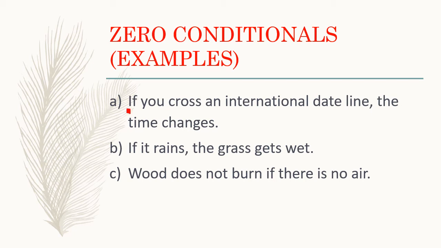So you have if plus subject you, and then our verb in the simple present, right? Okay, then for our main clause, we have the subject, time, and then changes, which is our verb in the simple present form. So, in the pattern, our example number 1 is indeed a zero conditional.